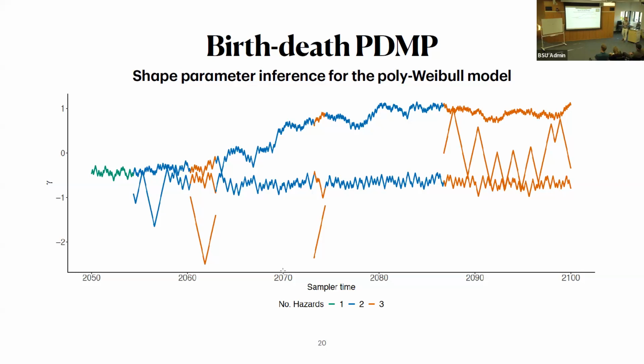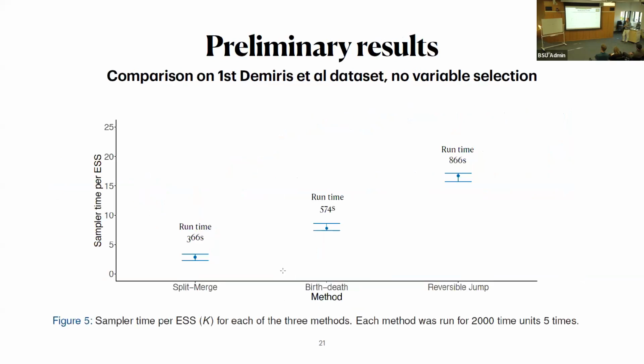There's also a question of whether it actually performs better than just doing the reversible jump. But it does appear that it does. So we have split and merge type PDMP moves here. And this is the run time in order to get a single effective sample size, or probably more than one, I think. And then we have the reversible jump here.